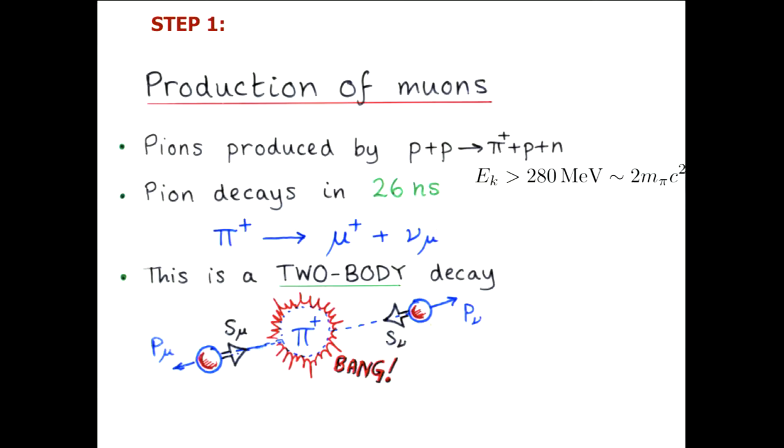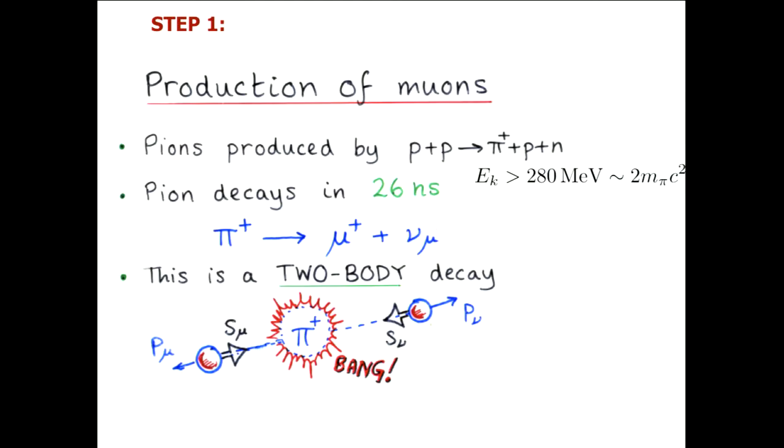The protons hit a carbon target, and that produces pions. And the pions, as we've said, decay very quickly in about 26 nanoseconds. The thing about pion decay is that it's a two-body decay, and it decays into a muon and a neutrino. Being a two-body decay, if you think about a stationary pion, the muon will go one direction and the neutrino will go in the other direction.